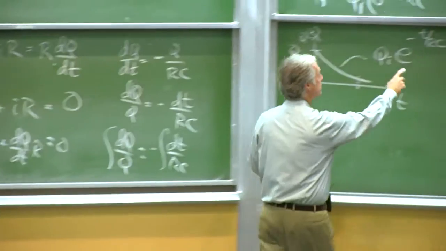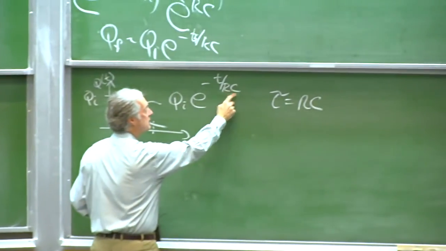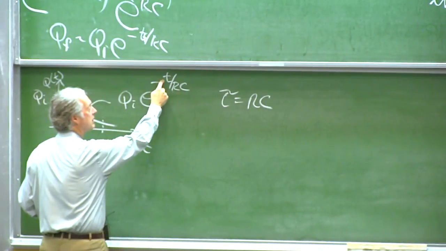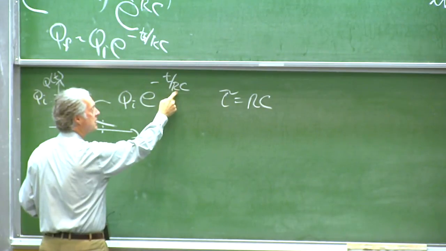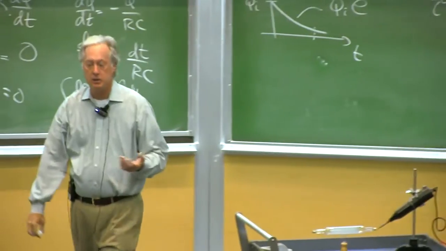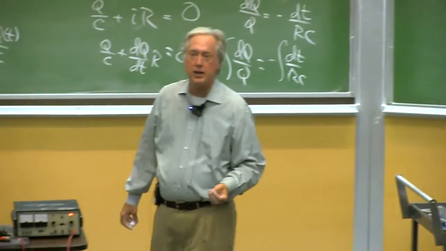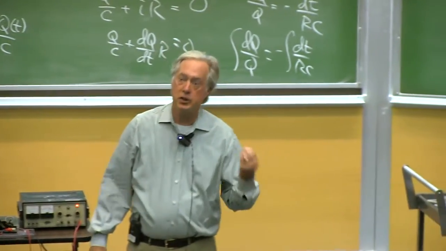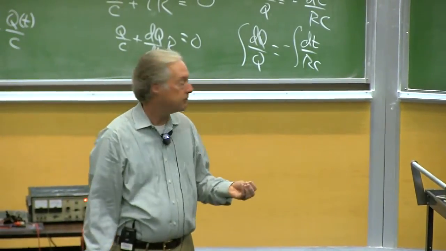If R is very small here, then RC is small. It means that it doesn't take very long for t to get big enough to be the same as tau. So if R is small, the RC time constant is small, and it discharges the capacitor rapidly.